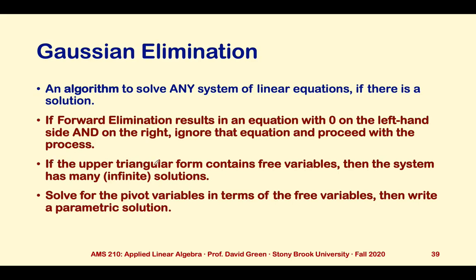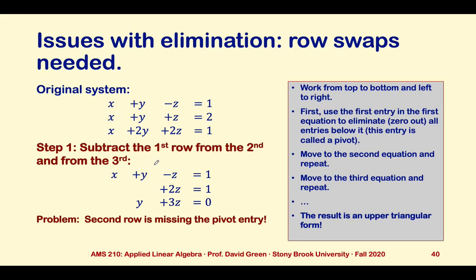If the upper triangular form, when we're finished, has free variables, that is, we look at where the pivots are, and now there's some variables that aren't a pivot, then we know that the system has infinite solutions, and we can solve for those pivot variables in terms of the free variables and write a parametric solution. All right, so we've covered the case of a unique solution, we've covered the case of no solution, we've covered the case of many solutions. What else can go on?